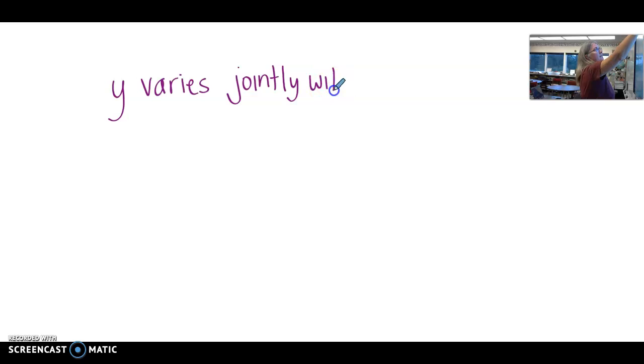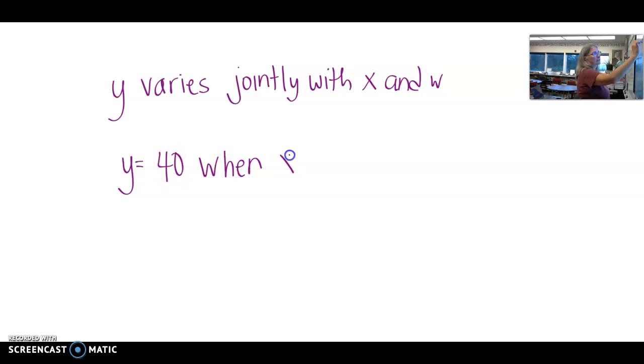All right, so we could do an example. Let's say that y varies jointly with x and w. So write that equation, and let's say that y equals 40 when x equals 5 and w equals 6.